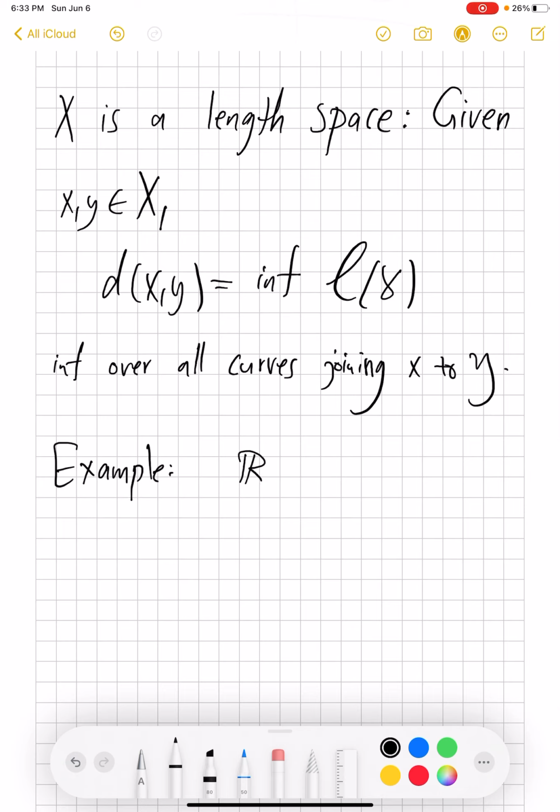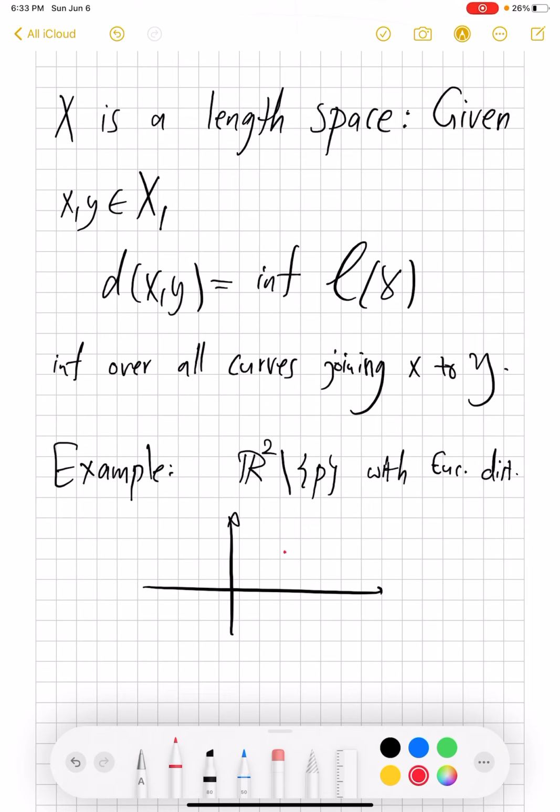An example of this space could be R2 with just 1 point removed, with the usual distance. Then you have your space again, but there is this red point that is not even part of your space. If you have 2 points that would have been connected by a straight line, now it's impossible. You have to avoid that red dot.